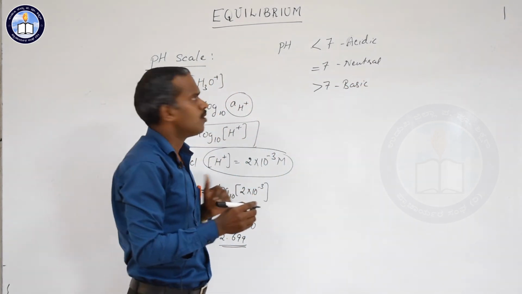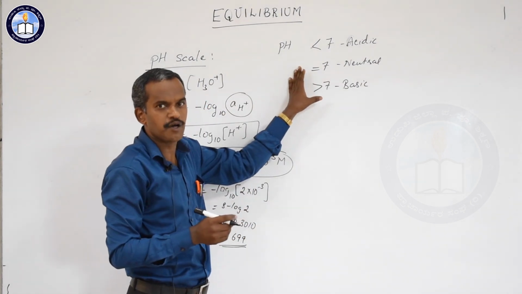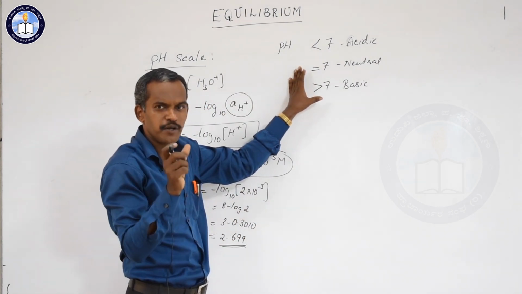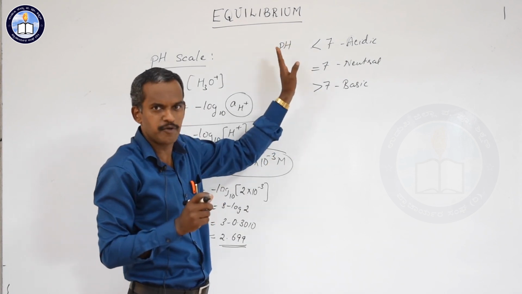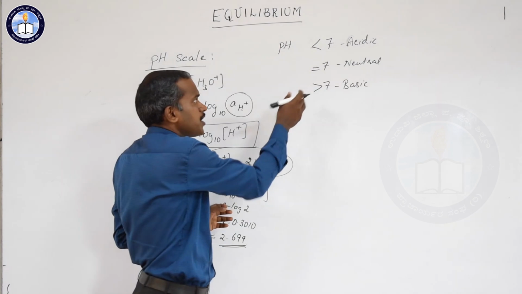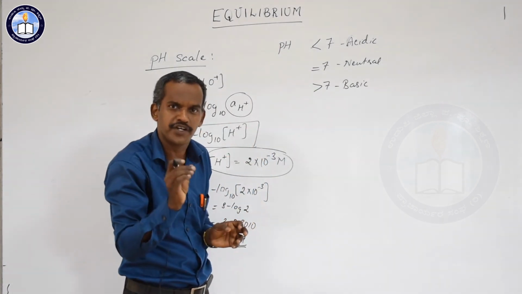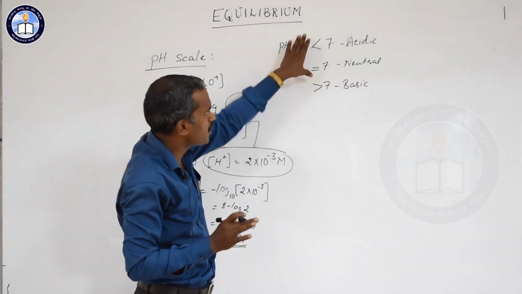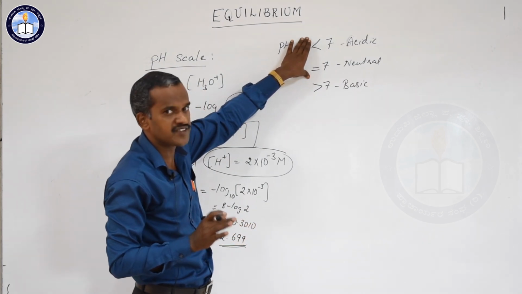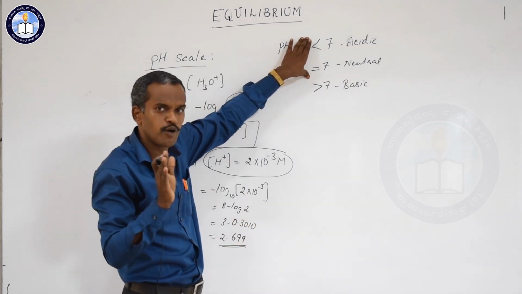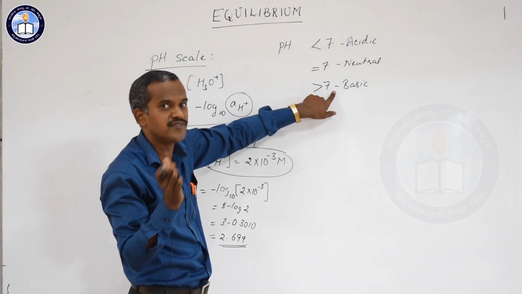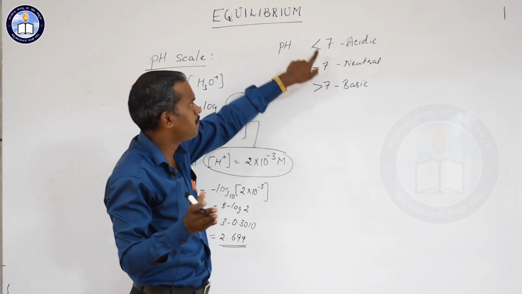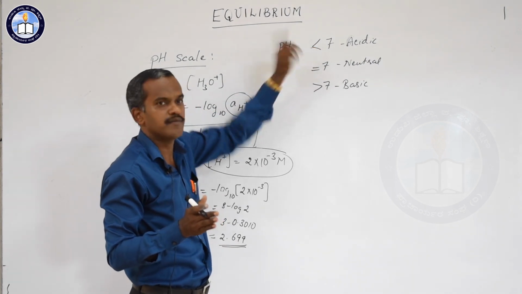Okay, so we already understood in the ionization constant of water that hydrogen ion concentration is experimentally concluded to be 10 to the power minus 7 molar. So based on this I am telling you the pH of pure water is 7. So I wrote here less than 7, equal to 7, greater than 7. On what basis? The pH of pure water is 7, it is neutral, and if the pH value is more than 7, it becomes basic. If the pH value is less than 7, it becomes acidic.